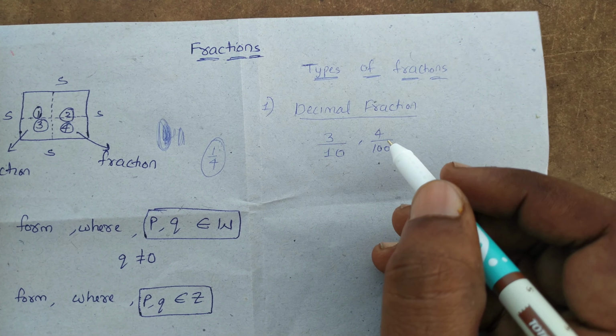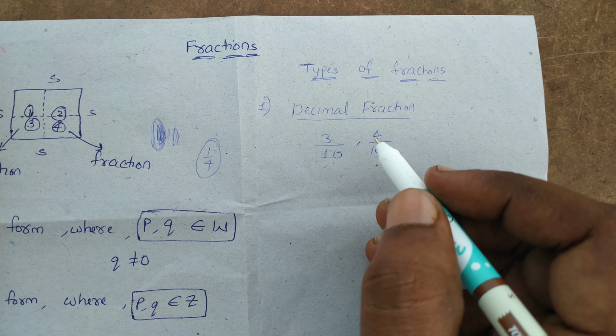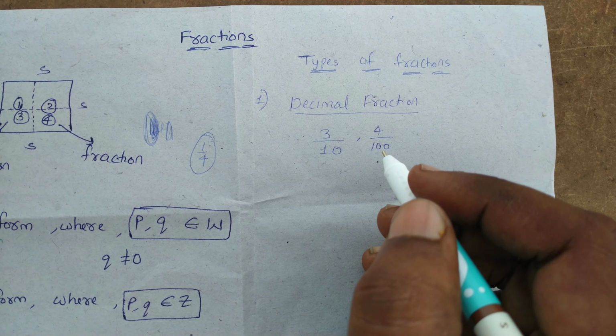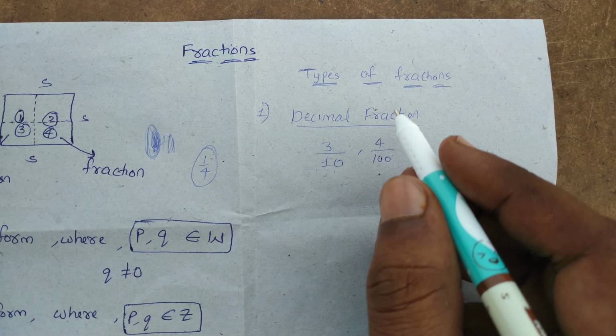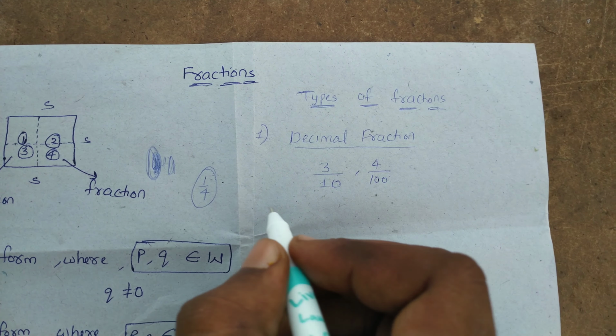Then that particular fraction is called a decimal fraction. Clear? So this is the small definition of decimal fraction.